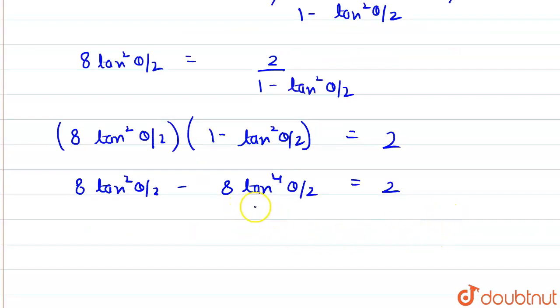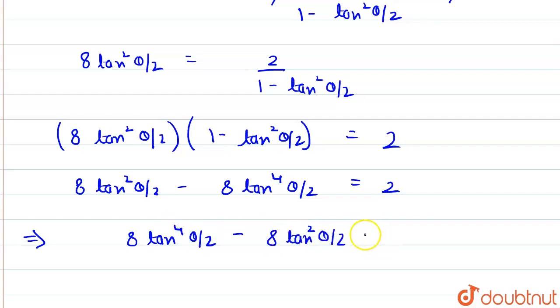So if I take this equation on the right side, I can write this as 8 tan raised to power 4 theta by 2 minus 8 tan square theta by 2 plus 2 equal to 0.